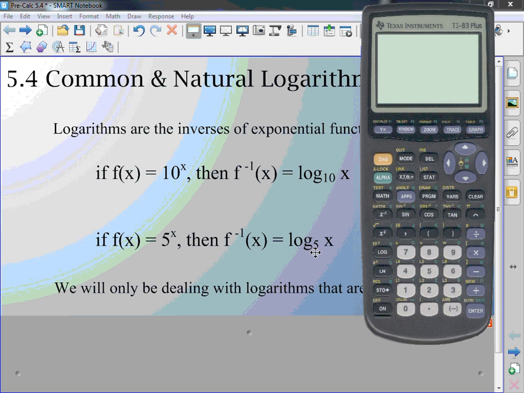Base 5 is different. Base 5 can only use the numbers up to 5. So it's 0, 1, 2, 3, 4. Now it starts over again. What's my first number after that?